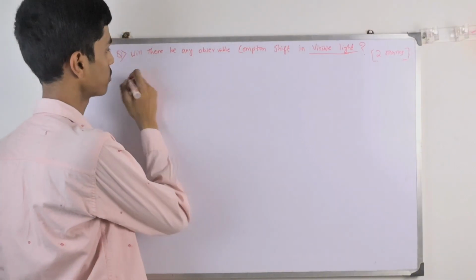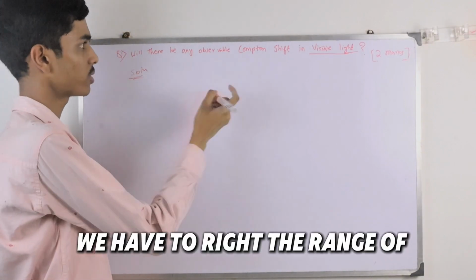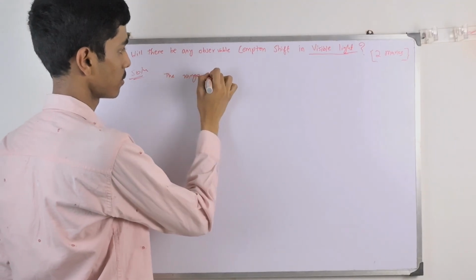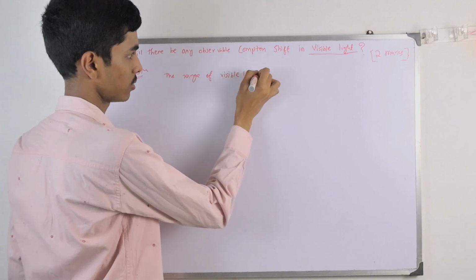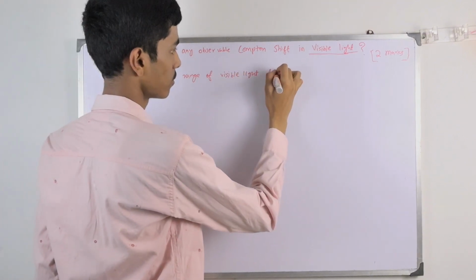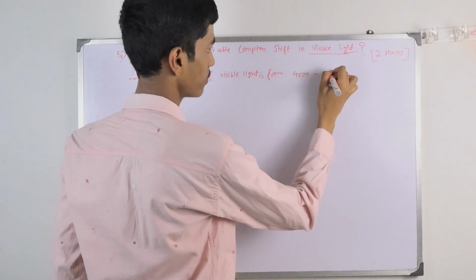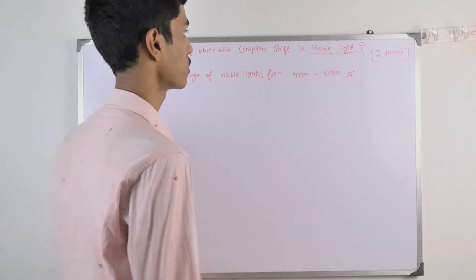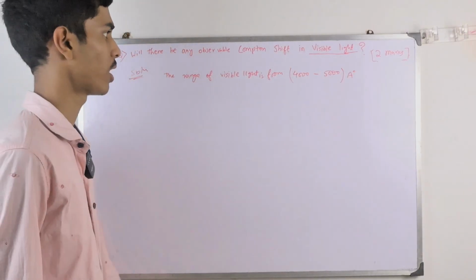To start the solution of this question, we have to write that the range of visible light is from 4,000 to 5,000 Angstrom. We know the Angstrom unit.